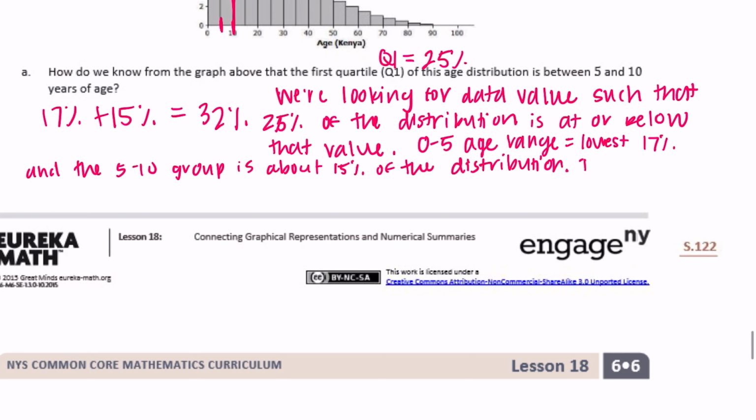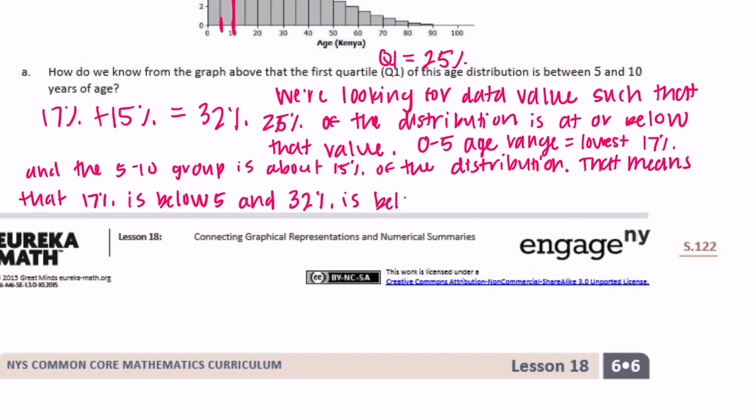So that means that 17% is below 5, and then the 17 and 15%, together 32%, is below the age of 10.